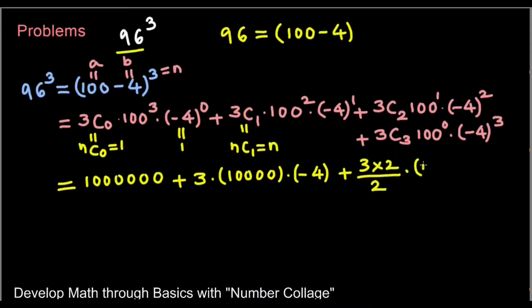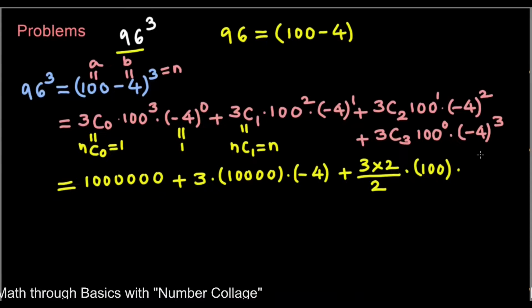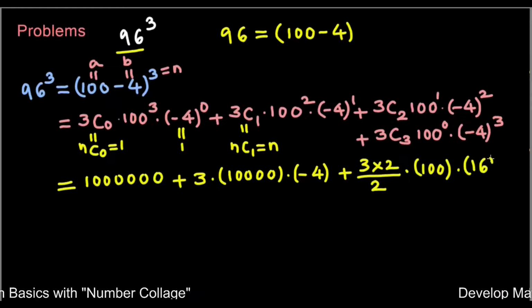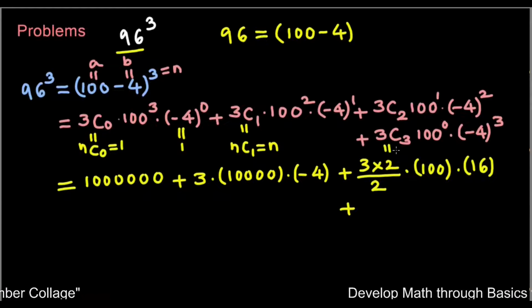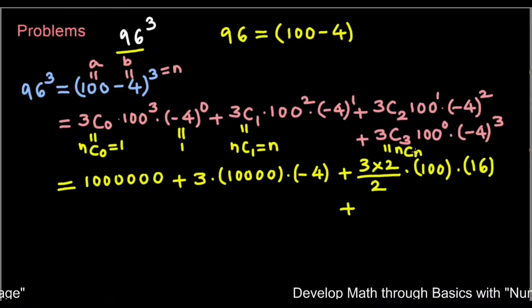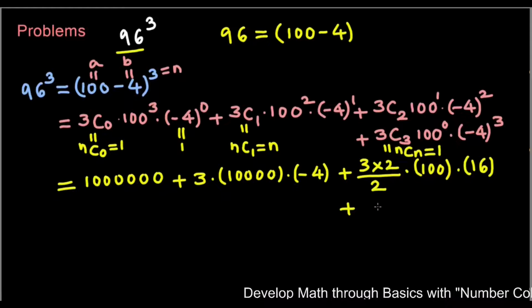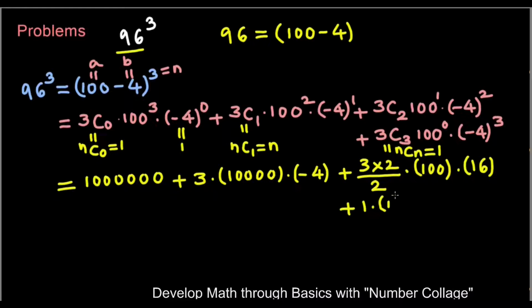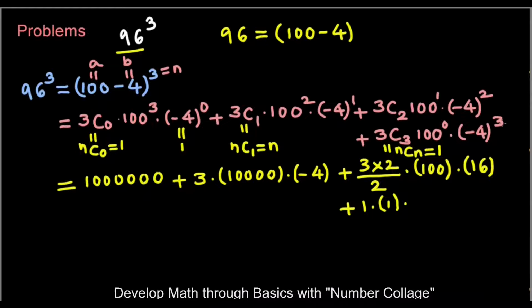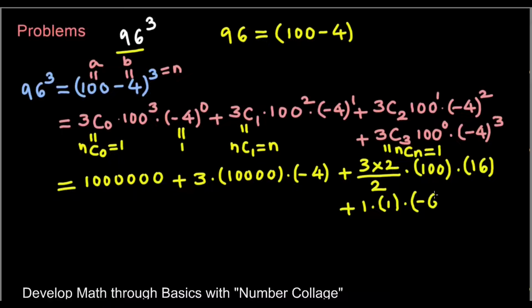Plus 3C2 is 3 multiplied by 2 upon 2 factorial, which is 3, multiplied by 100, multiplied by (minus 4) square, which is 16, plus 3C3 is similar to nCn, which we know is 1. So this will be 1 multiplied by 100 raised to 0, which is 1 again, multiplied by (minus 4) cube, which is minus 64.